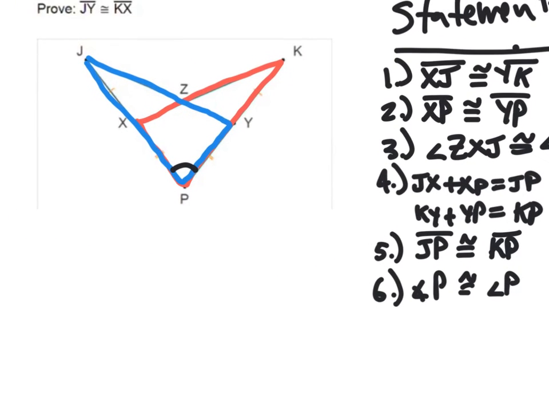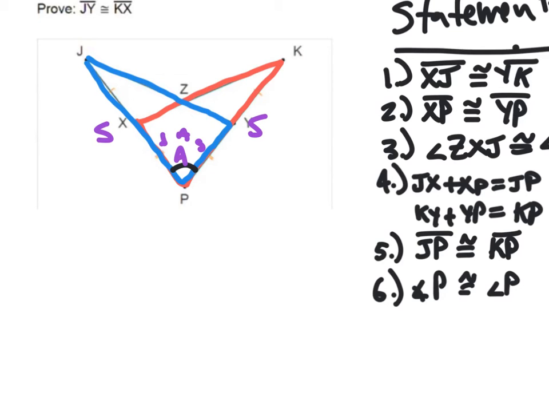All right, so now what I have, and let me write this in here, is in the blue triangle, I have a side, an angle, and a side. Okay, in the red triangle, I have a side, the same angle, and another little side.